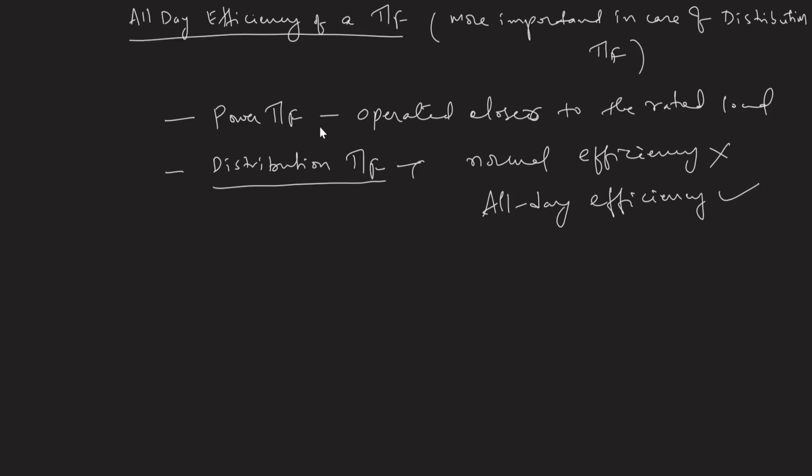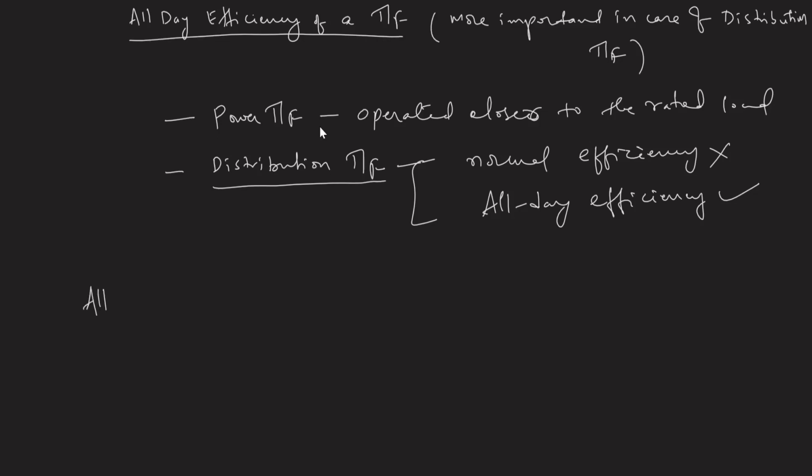So for a distribution transformer, we calculate the efficiency using all day efficiency, because it gives the overall energy output for a given input energy. Okay, so let us discuss this all day efficiency.